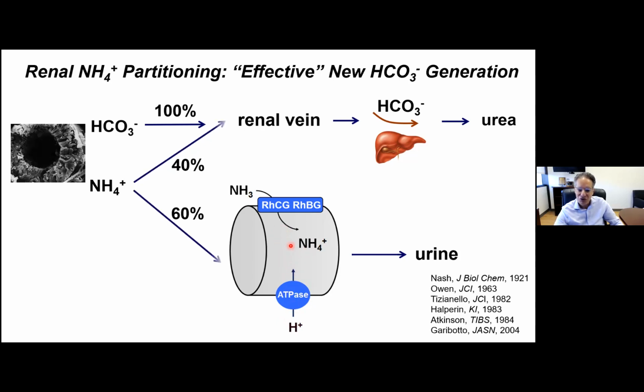That's constantly decreasing the NH3 concentration in the lumen by turning it into NH4+, thereby creating a concentration gradient for NH3 to continuously enter from the interstitium, from the outside of the tubule. So the bottom line here is we normally have this partitioning where 60% of the ammonia we are able to get rid of, freeing up that component of bicarbonate that can now match your daily hepatic proton load. The other 40% is wasted in the creation of urea.